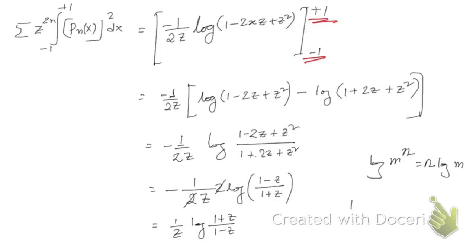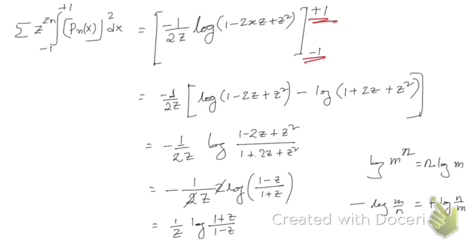Remember this: if you have minus log m by n, if you make it positive, then n goes up and m comes down. That means minus log m by n can be written as plus log n by m, right? Hope you have understood this.